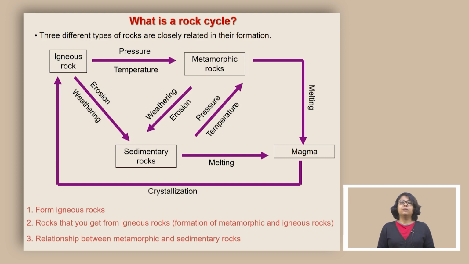So, it is important to recognize that none of these rocks are permanent, they will always go through changes, and one of the challenges of earth science is to recognize the different events of history using this rock record.